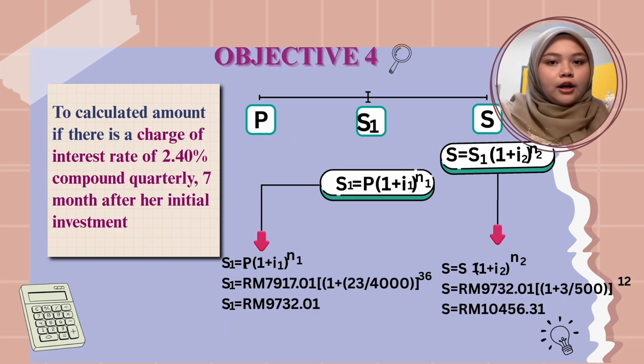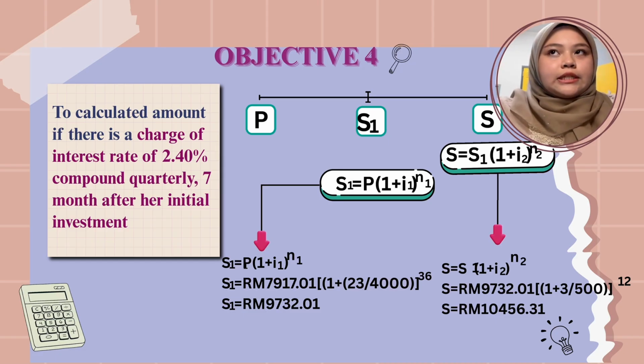For objective 4, I will explain how to calculate the accumulated amount when there is a change of interest rate to 2.40% compounded quarterly 7 months after her initial investment. First, we calculate the accumulated value before the interest rate change. We use the formula S1 equals P times 1 plus i1 raised to the power of n1.